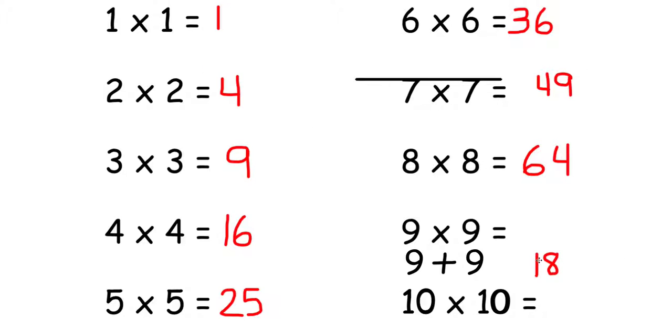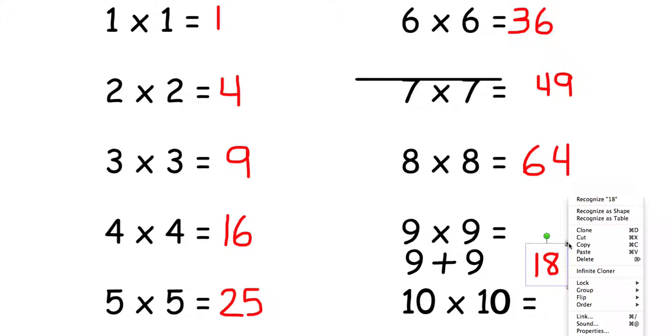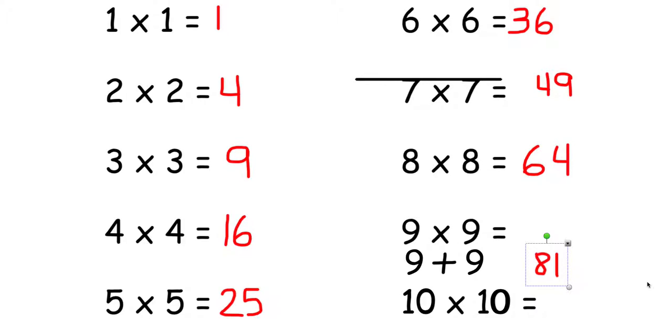But remember, we're not doing 9 plus 9, are we? We're doing 9 times 9. So they took what they know about 9 plus 9 because it looks similar. And the answer actually looks similar too. If I write down 18 and if I flip it, that happens to be the answer to 9 times 9, which is 81. So it's kind of a unique way that I've seen kids remember that.